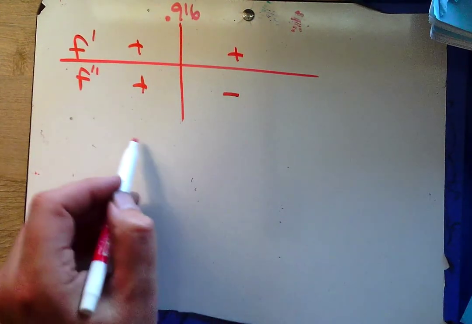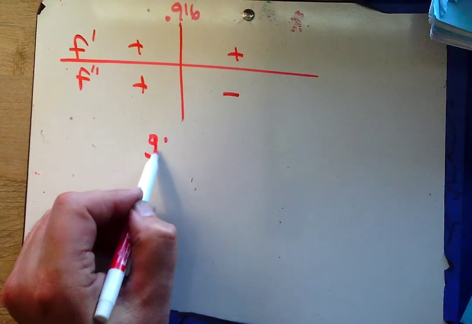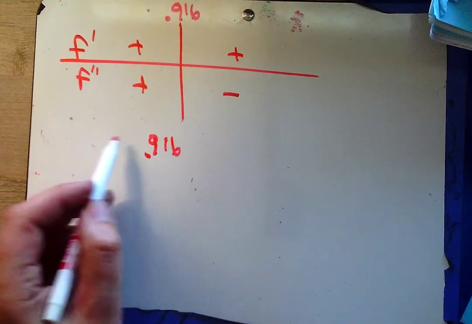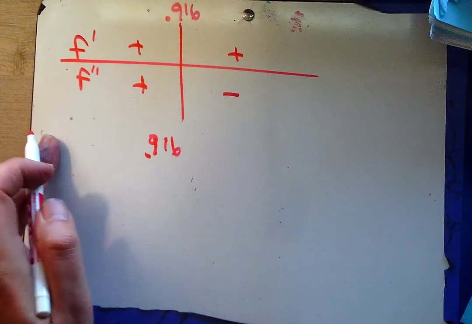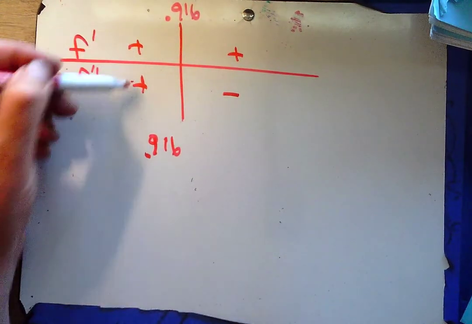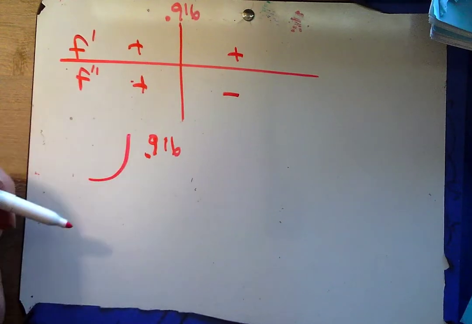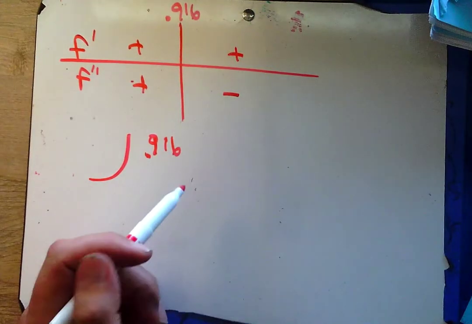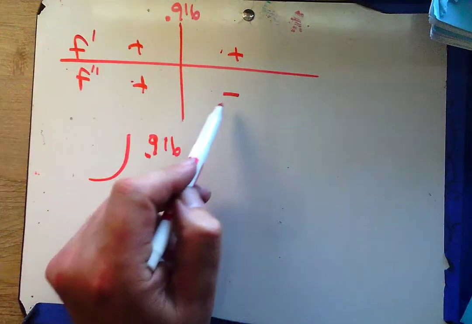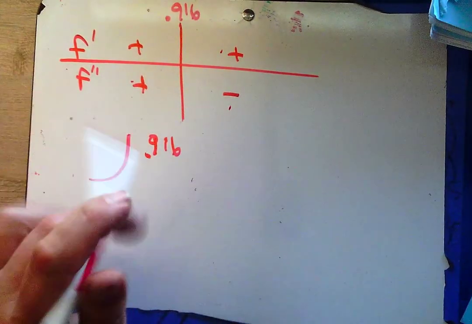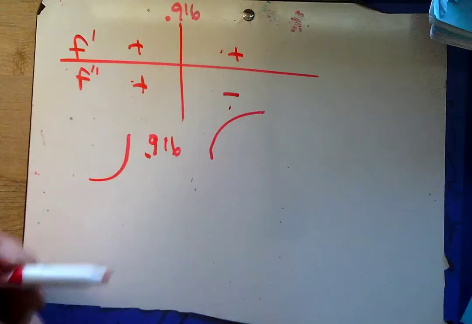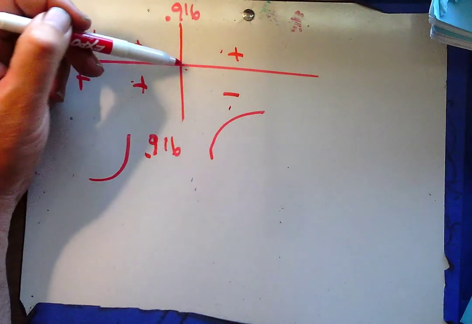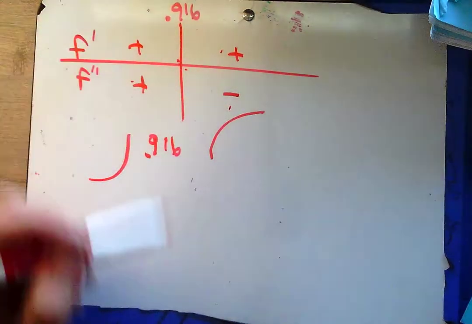Well, I know 0.916 is on one side, and on the left of that, I see increasing and concave up. And on the right of that, I see increasing and concave down. At this point, I want to join these two pieces.